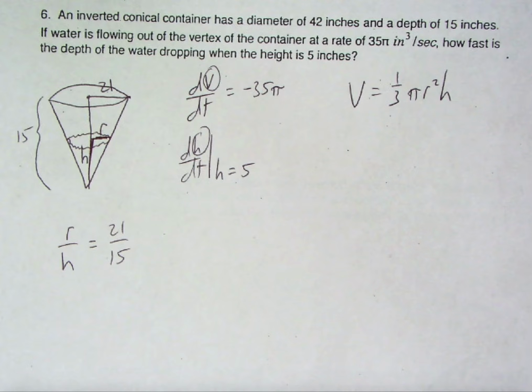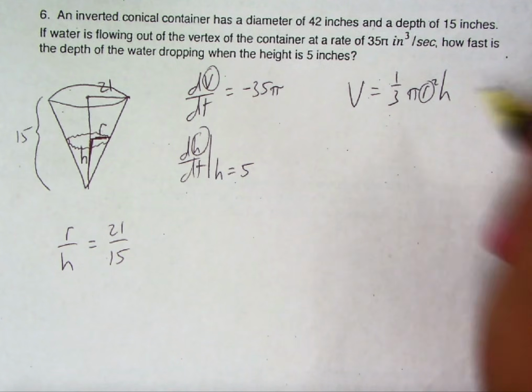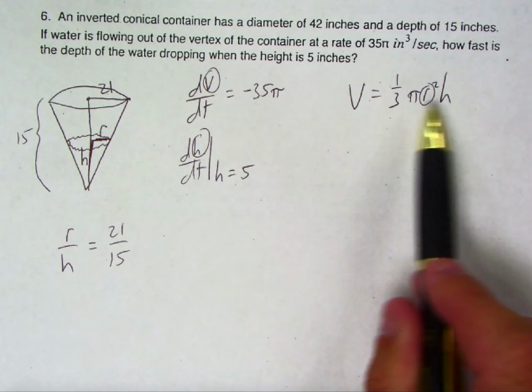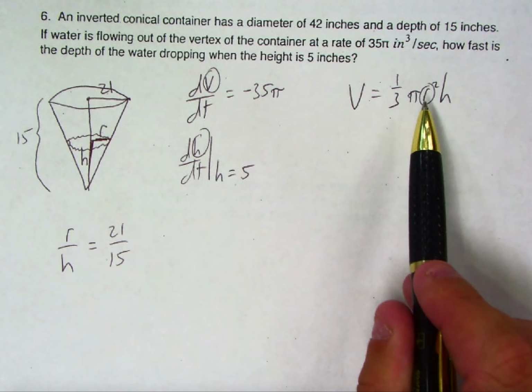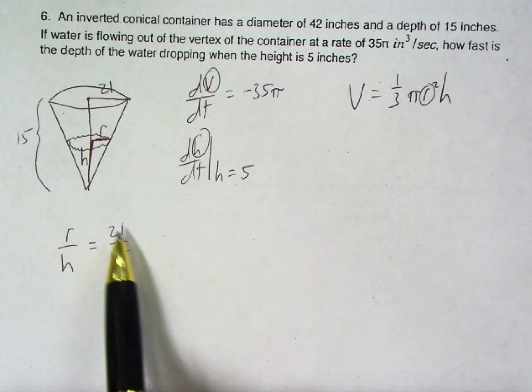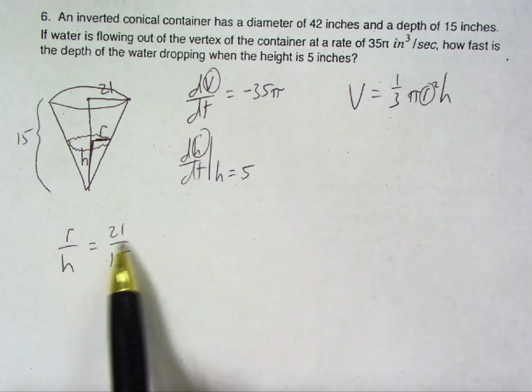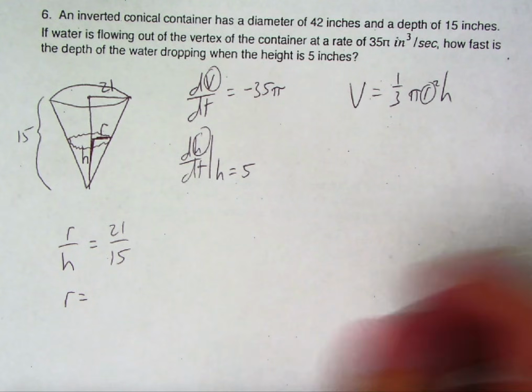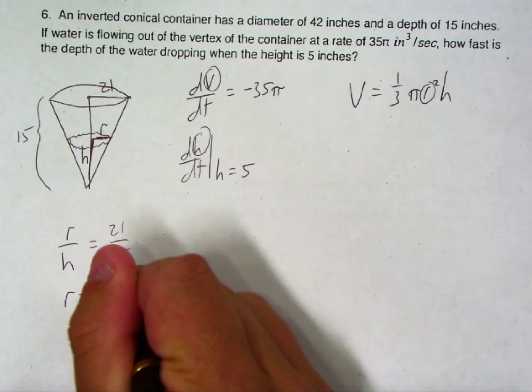The reason I'm doing this, I'm trying to replace r to be in terms of h. That's my goal right now. I only want h in this formula. So I'm trying to figure out what is r in terms of h. That's what this is going to help me do. So if I multiply both sides by h and reduce, that's going to be 7/5 h.